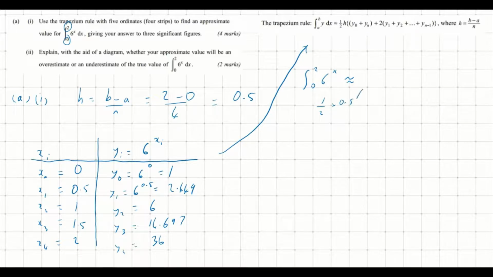And then I'm going to multiply all of this by y0 plus yn. So y0 is 1 and yn is our last value of y, which is 36. And then we want 2 lots of our other values. So we have 2 lots of 2.449 plus 6 plus 14.697.